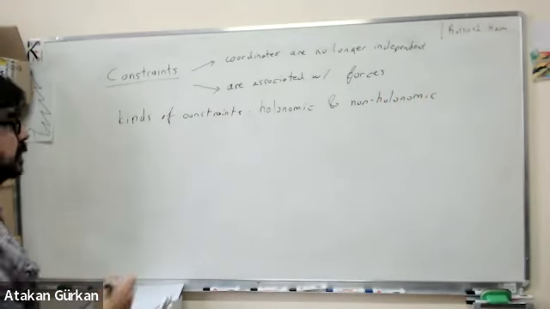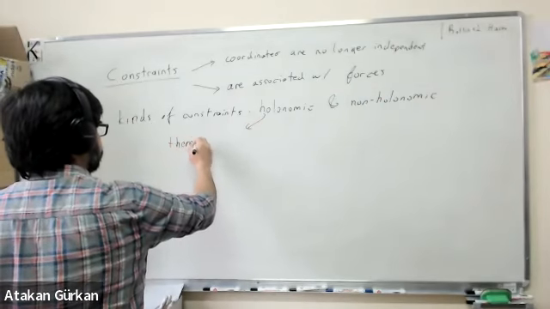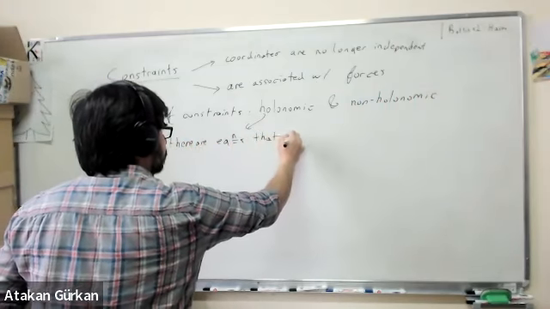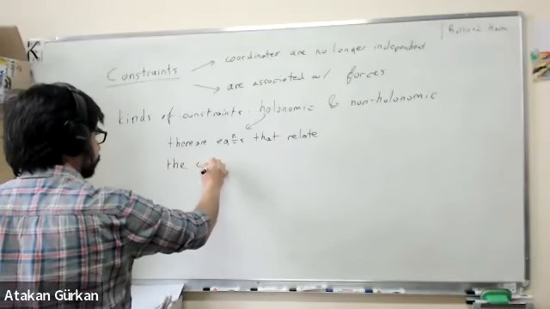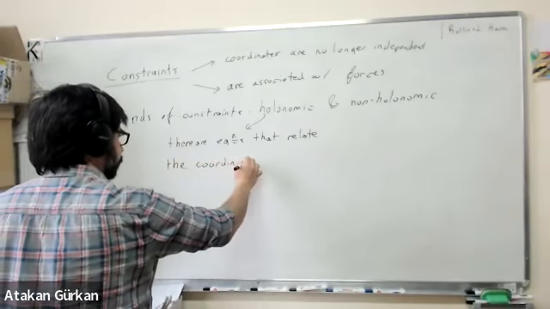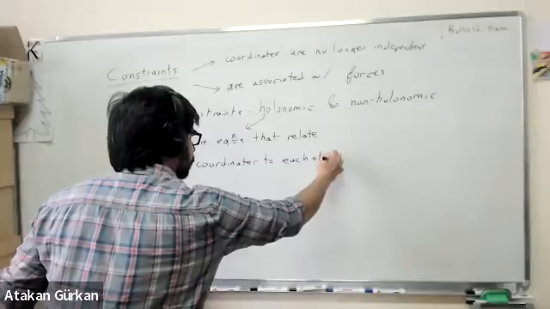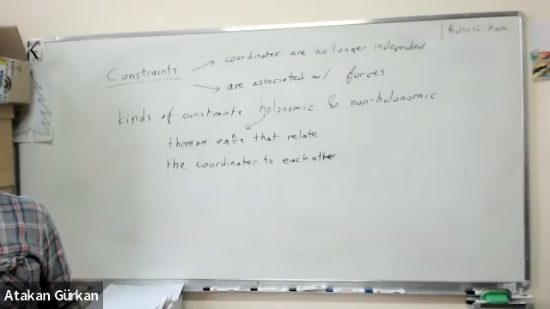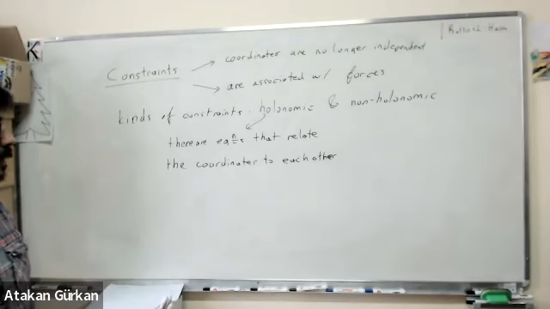Holonomic constraints are equations that relate the coordinates to each other. So you can write down some equation, and given all but one of the coordinates, you can find the rest.